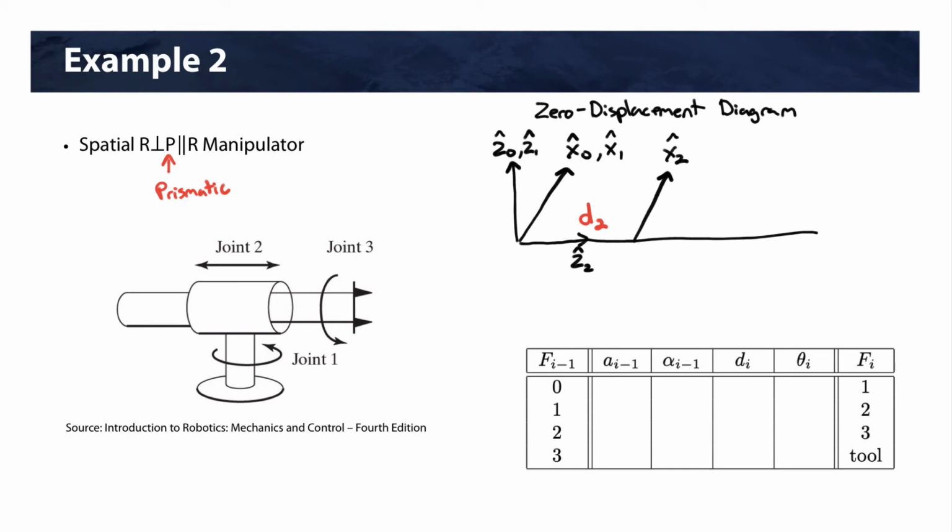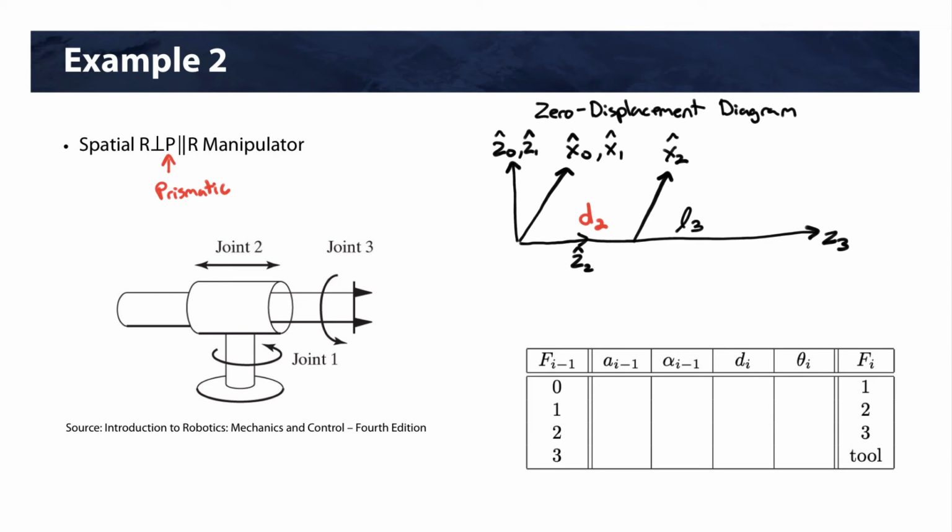We're at frame 2 now. We want to get to joint frame 3. All right, we know Z2 and Z3 are collinear, so we know this is going to be Z3. Okay. There's going to be a length L3, and we can draw that on our drawing here.